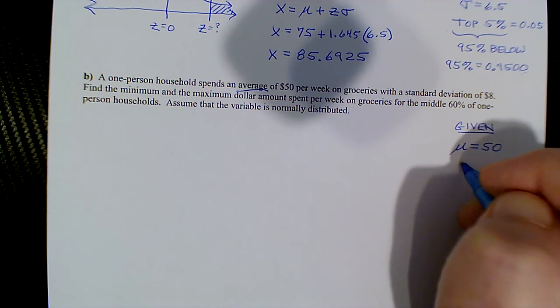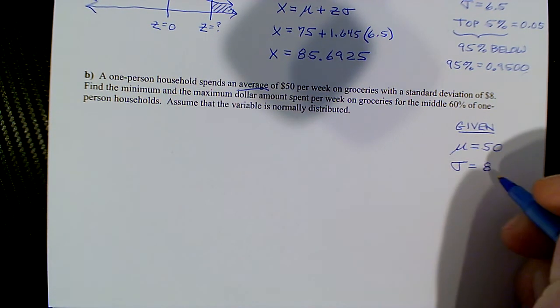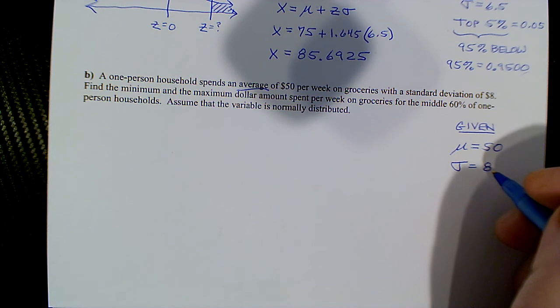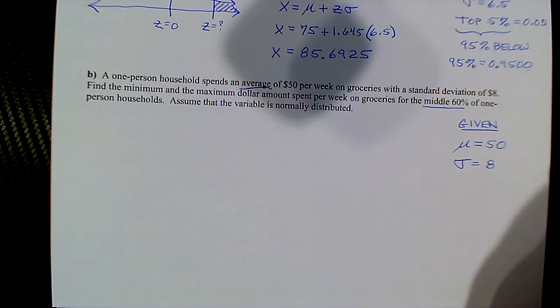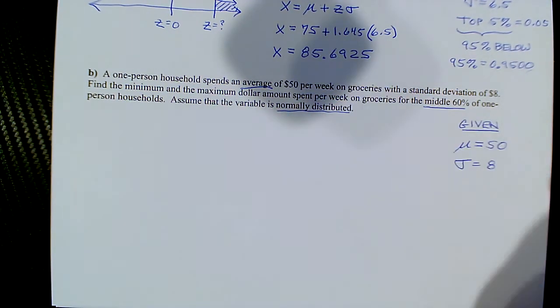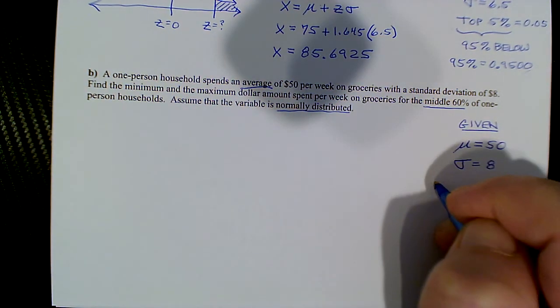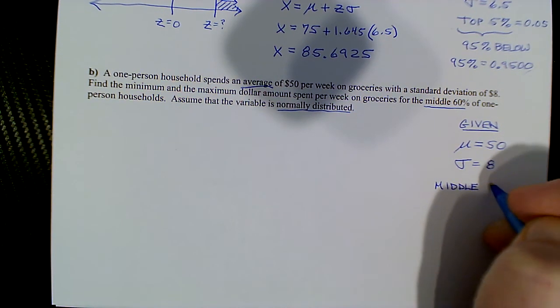Standard deviation sigma is 8. Find the minimum and maximum dollar amount spent for the middle 60% of one-person households, and assume it's normally distributed. Okay, so the middle 60% is what we're looking for.